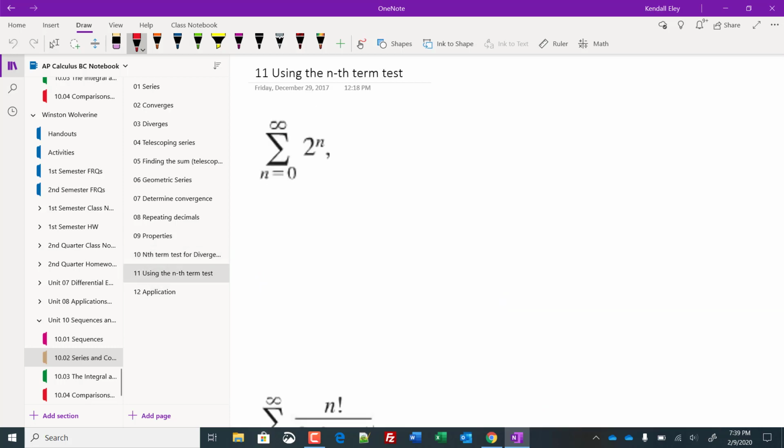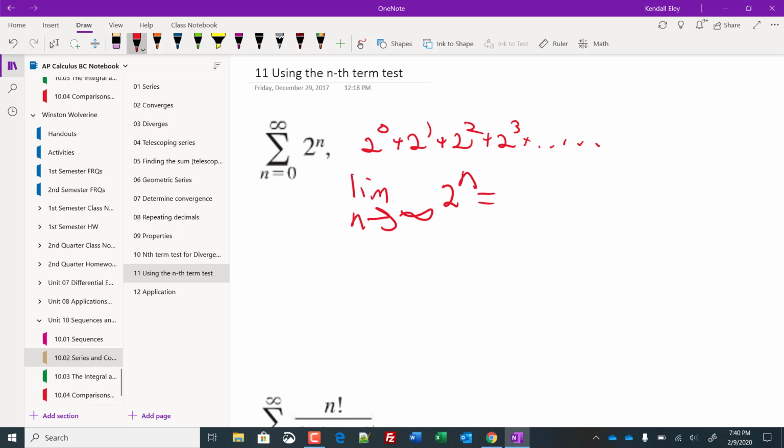When we look at this series here, this is going to be 2 to the 0 plus 2 to the 1 plus 2 to the 2 plus 2 to the 3 plus, and so forth and so on. So what happens if we look at the limit as n approaches infinity of just this individual term, 2 to the n? Well, n is going to be getting larger and larger. 2 to the n is going to be getting larger and larger.